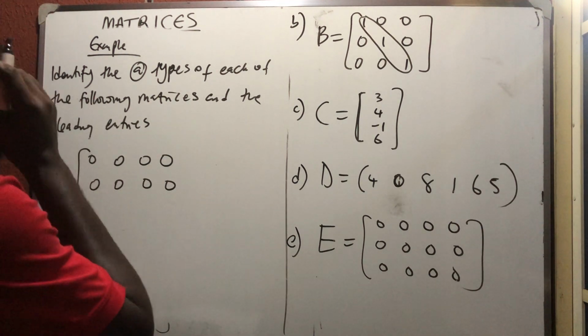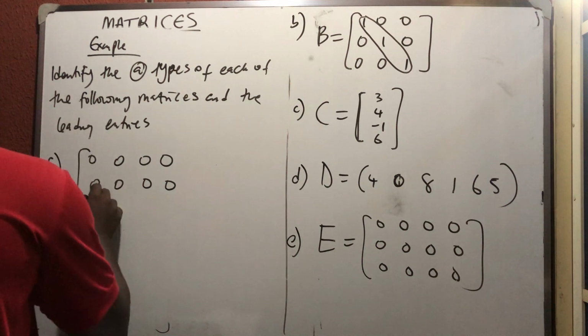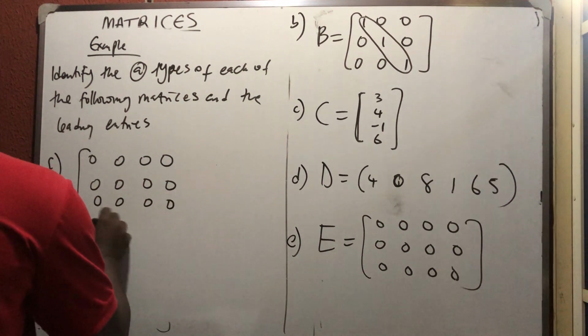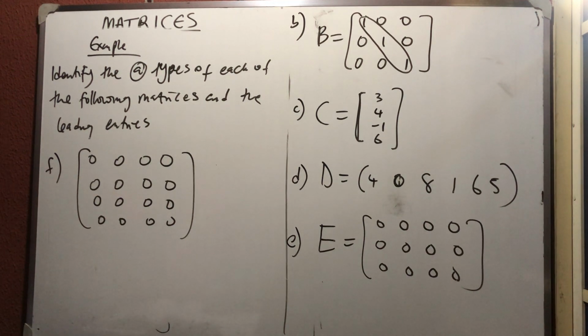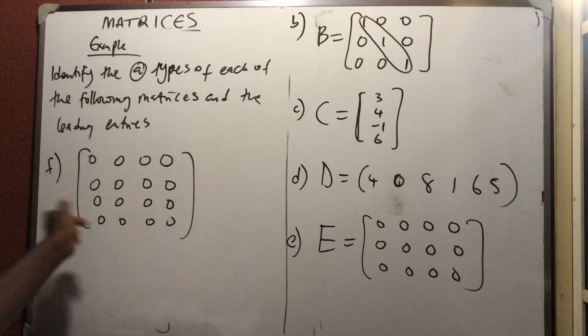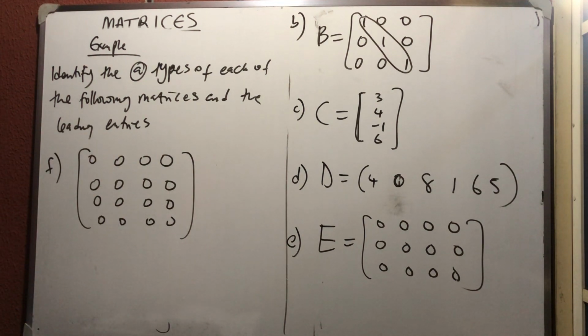I hope you know, it does not have any leading entry. But this is a square matrix. It's a 0 matrix and equally a square matrix, because this is a 4 by 4 matrix.